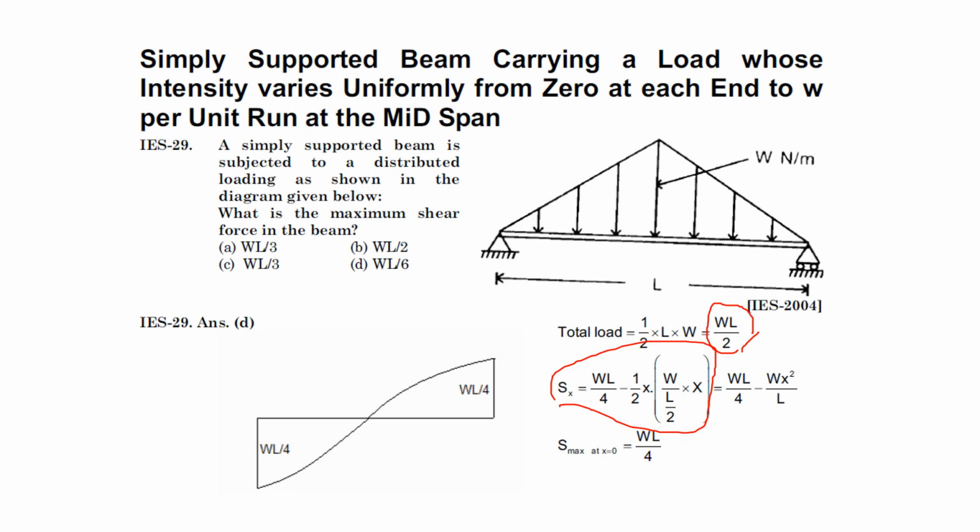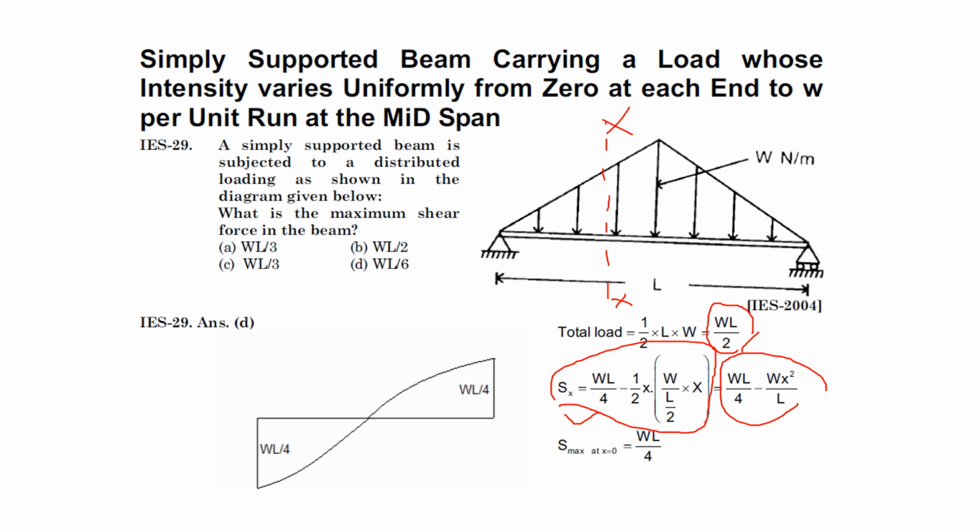Like, we will take a small section at a distance X. What is the shear force? The final expression, let's say this is section XX. In this XX, the shear force is WL by 4 minus WX square by 2.